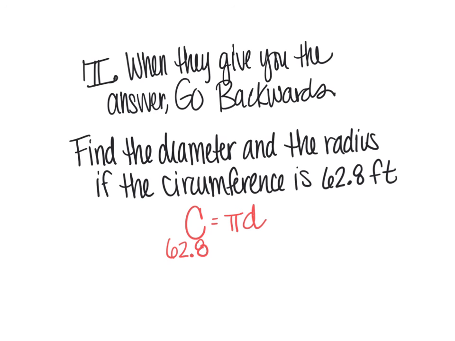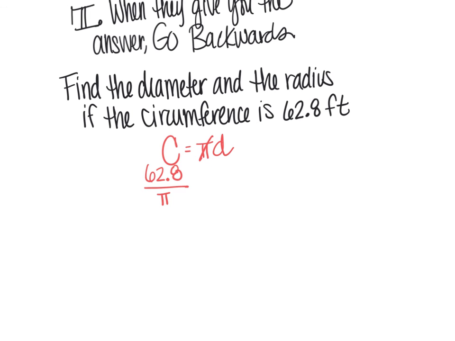So instead of multiplying by pi, what are we going to do? We're going to divide by pi. For some reason on these problems, I like to use the pi symbol instead of 3.14 just because I think it looks pretty. But when you go to use your calculator, you're going to do 62.8 divided by 3.14. So we've got 62.8 divided by pi. What does that give you?